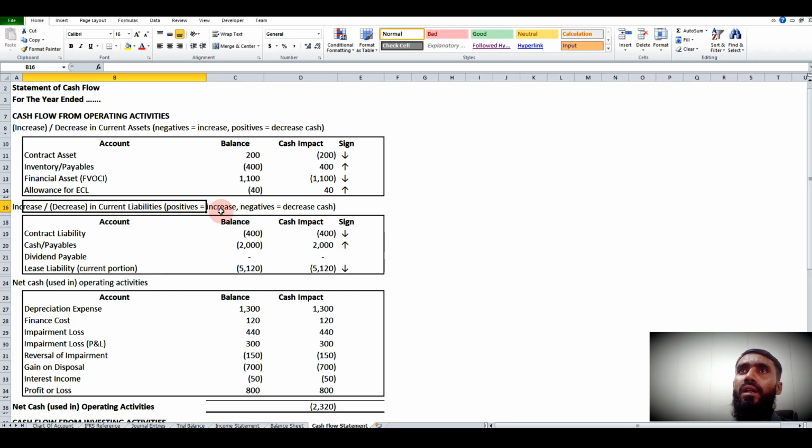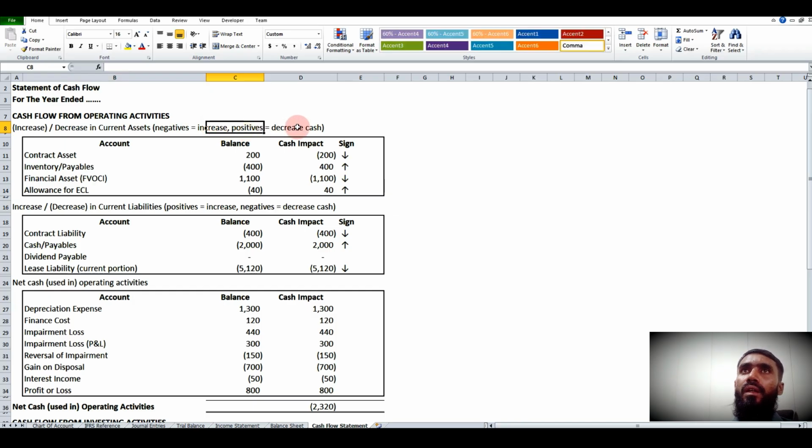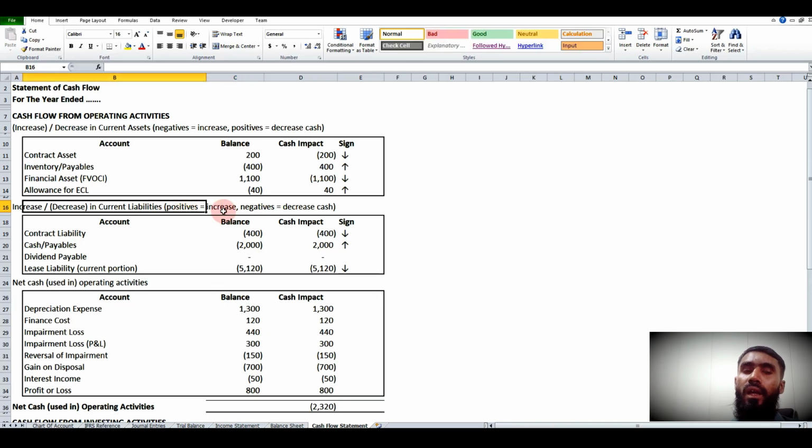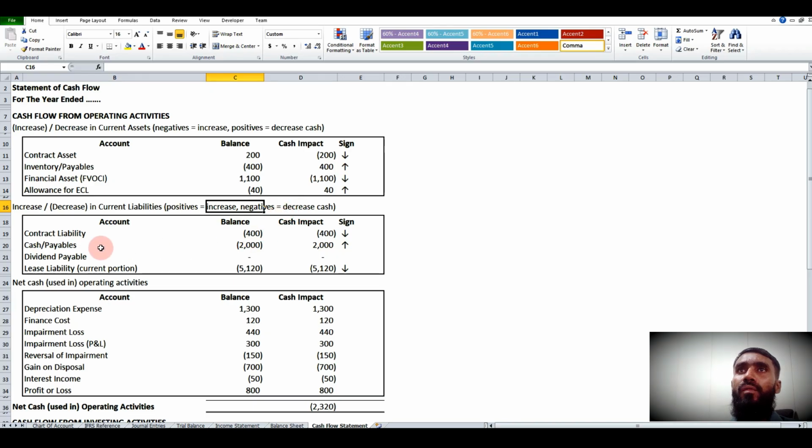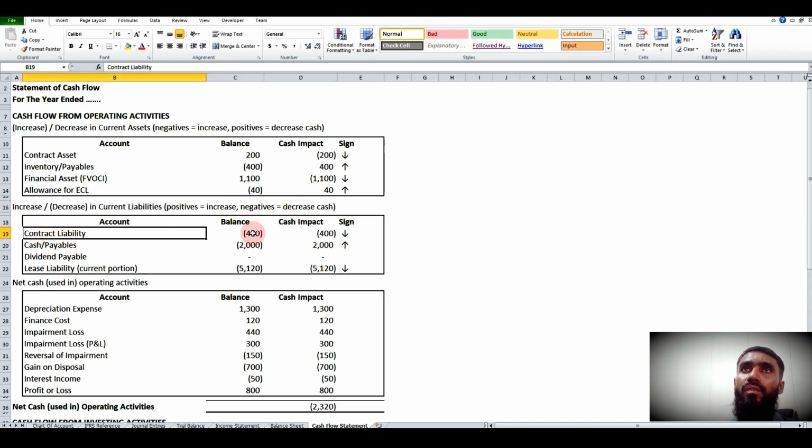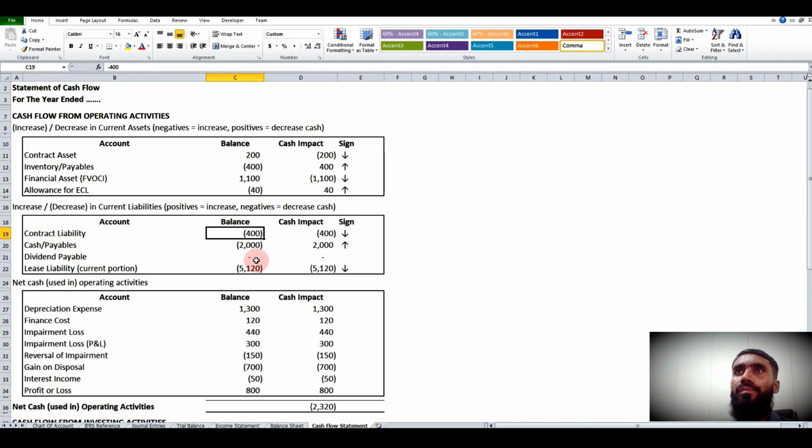Increase or decrease in current liabilities. Positive equals an increase, negative equals a decrease in the cash. Here negative increases, positive decreases. Now in the current liability section, positive increases and negative decreases the cash.